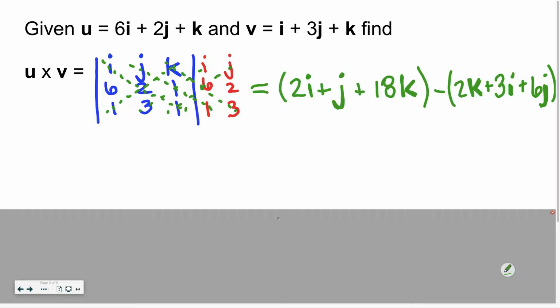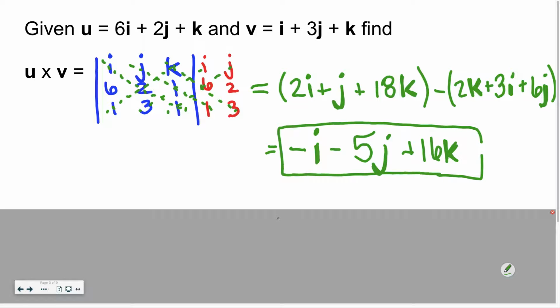So we have our down diagonals, our sum in parentheses, minus the quantity of the sum of our up diagonals. So now we have 2i minus 3i, j minus 6j, and 18k minus 2k. There's our cross product.